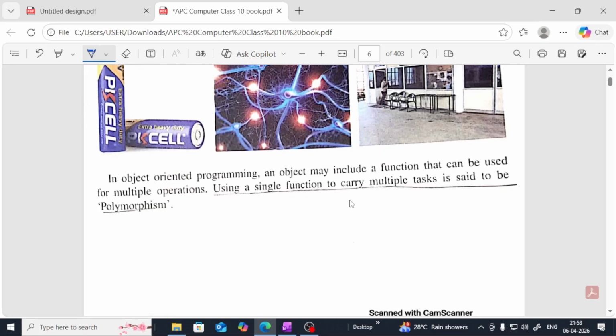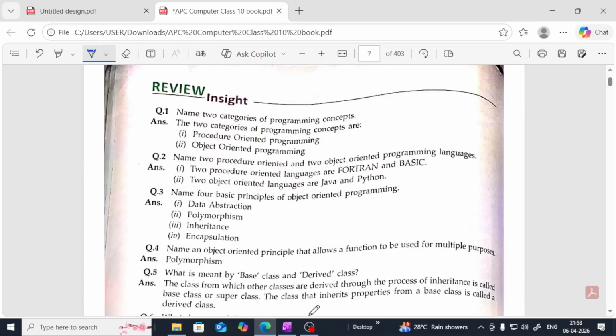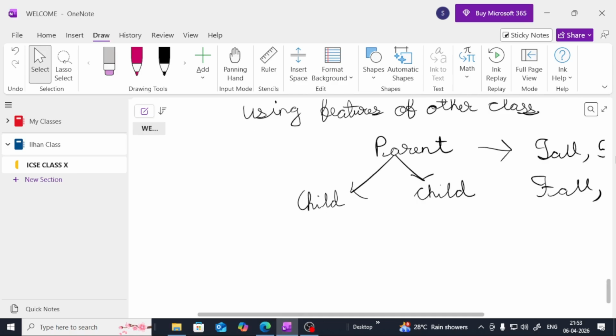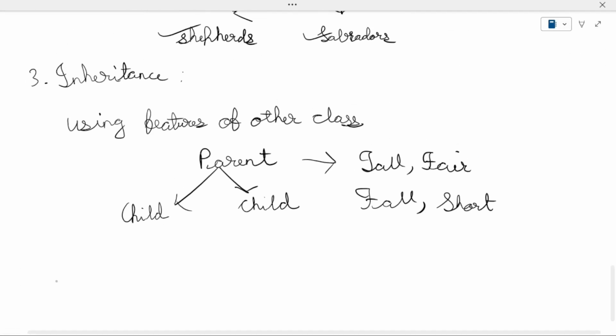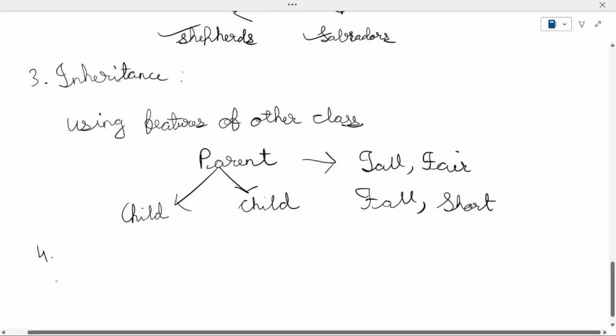What is polymorphism? Using a single function to carry out multiple tasks is said to be polymorphism, right?